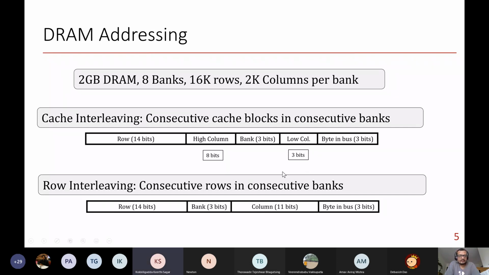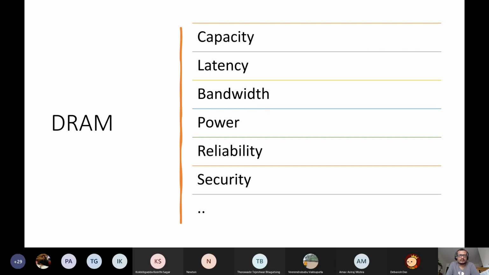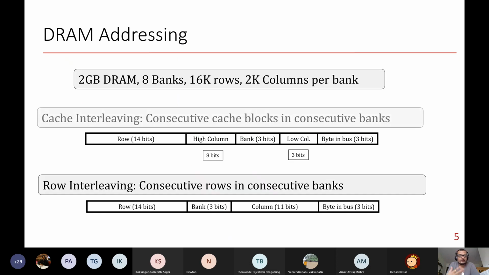I haven't talked about the different latencies that can come in. We just discussed the notion of activate, precharge, and column, but there are so many other timing parameters. Depending on their latencies, for a particular access pattern row interleaving may be better, and for some other pattern cache line interleaving may be better.